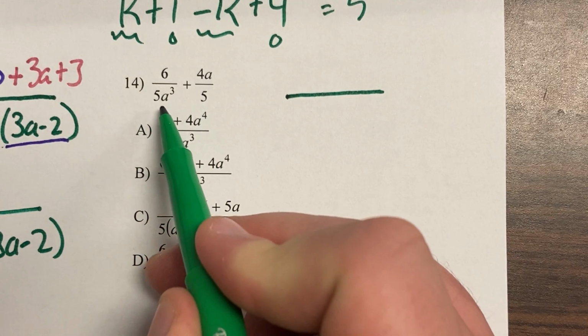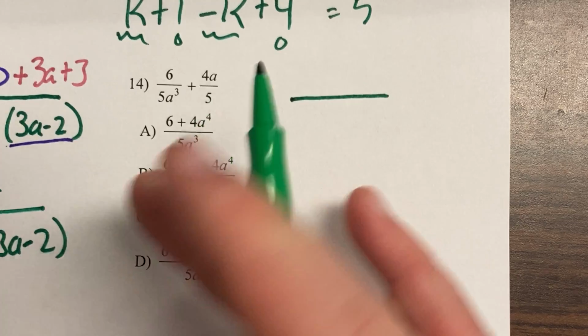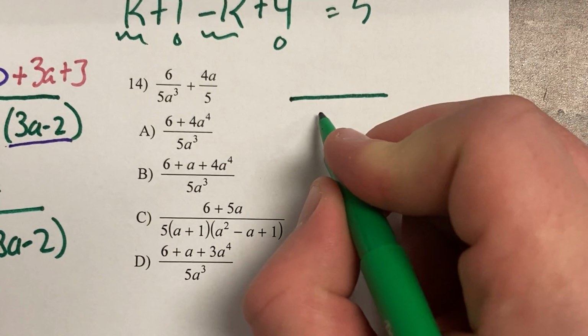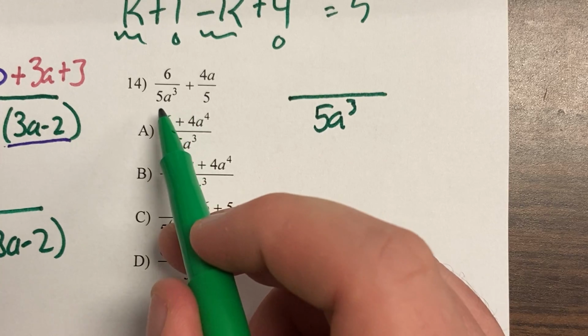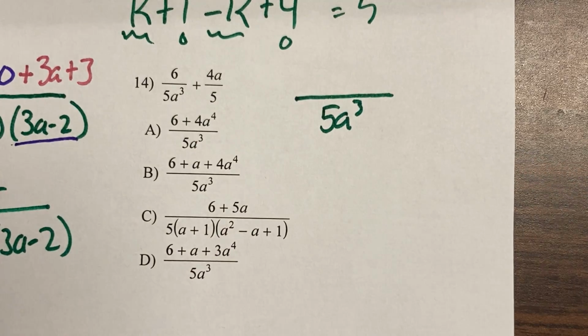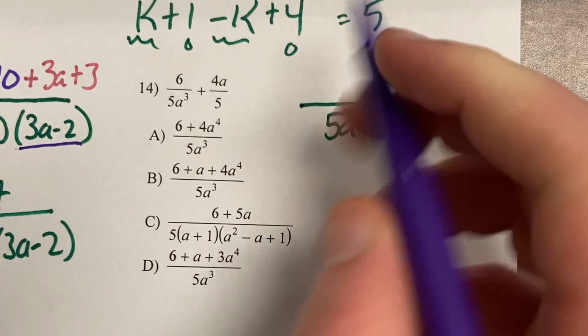So if this has a 5a to the third, then it has a 5. They have a 5 in common, so I don't need to multiply by the 5. They both have that. What's missing is the a to the third. So in essence, this denominator here is the biggest it can get, all right? This 5 is just going to be along for the ride. So we're keeping 5a to the third, nothing changes from this fraction.